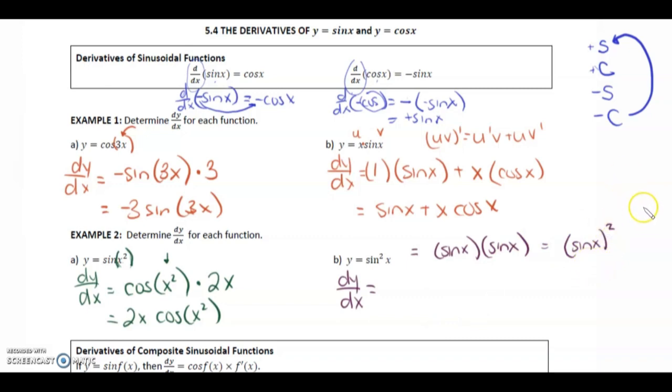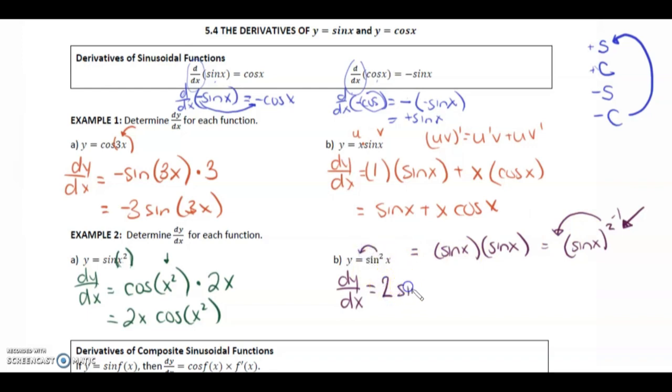Now, when we take the derivative, this form makes a little bit more sense because we can better identify that we have to bring the 2 to the front and then subtract 1. But you won't see it like this. You'll always see it as sine squared x. So let's bring this 2 to the front.